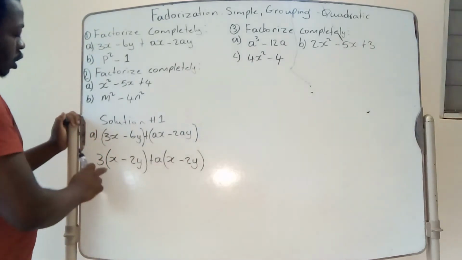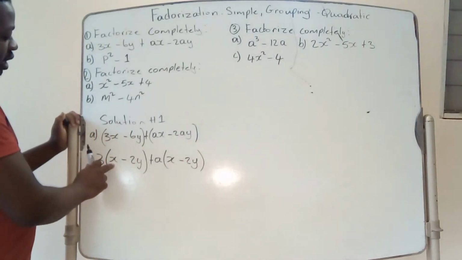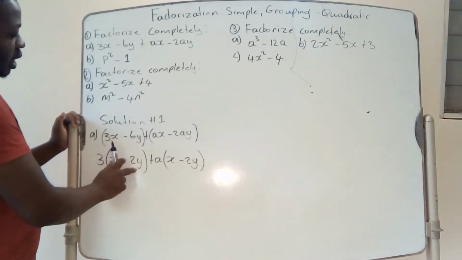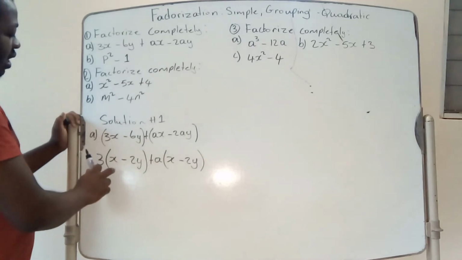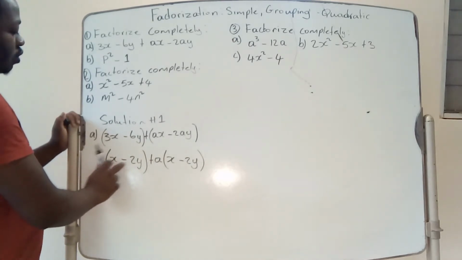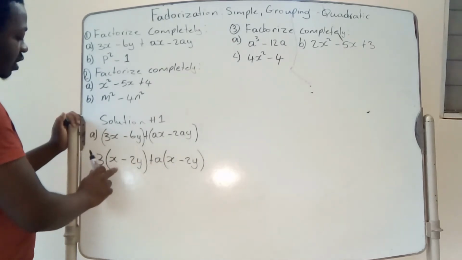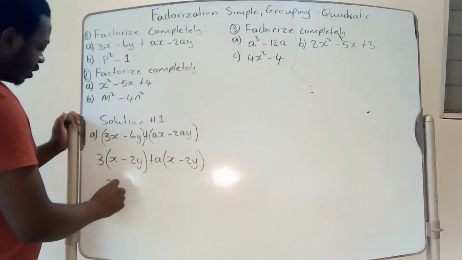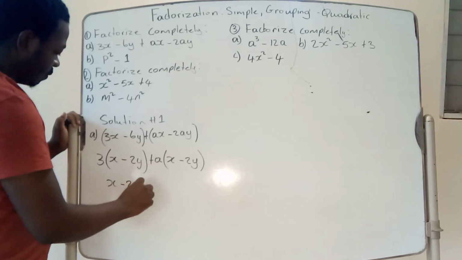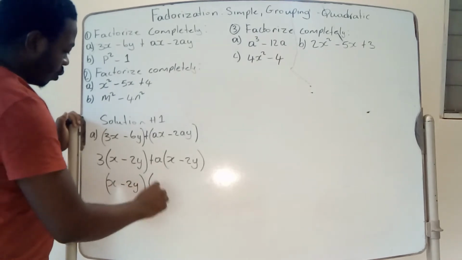Now, if you note here in this bracket I have x minus 2y, and in this bracket I have x minus 2y, which means that x minus 2y is common to both terms. That means we can factor out x minus 2y. So I'm going to write x minus 2y and open a bracket.